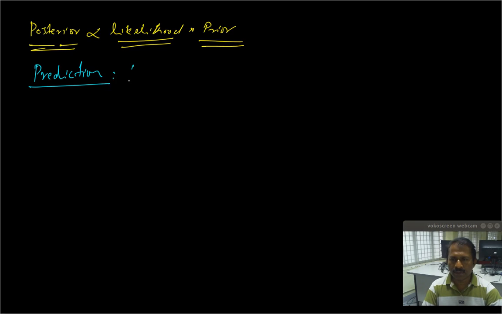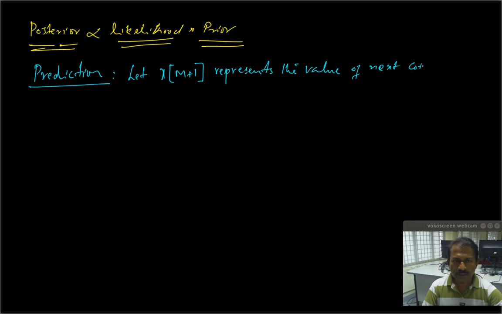So let x m plus 1, right, represent the value of the next coin toss. So this is the thing we want to predict, right? So the next coin toss of our plate model or the toss of the network.